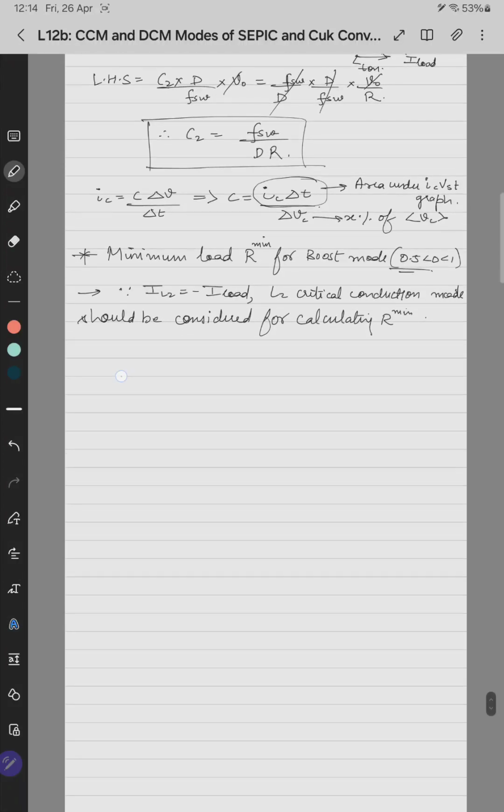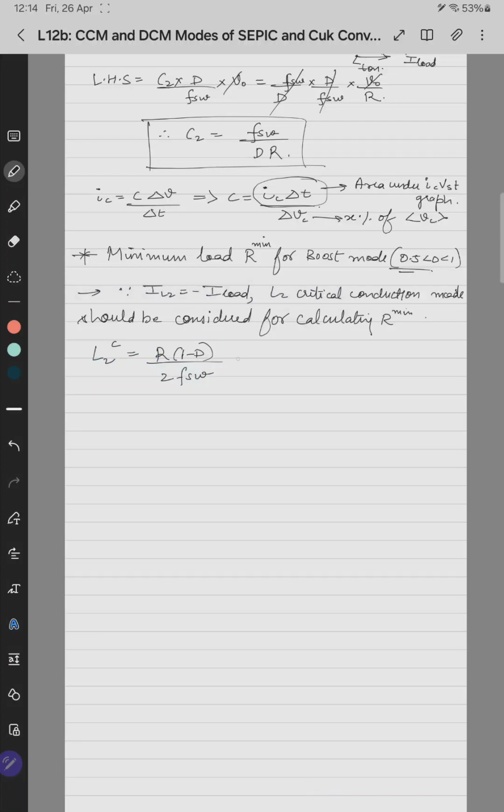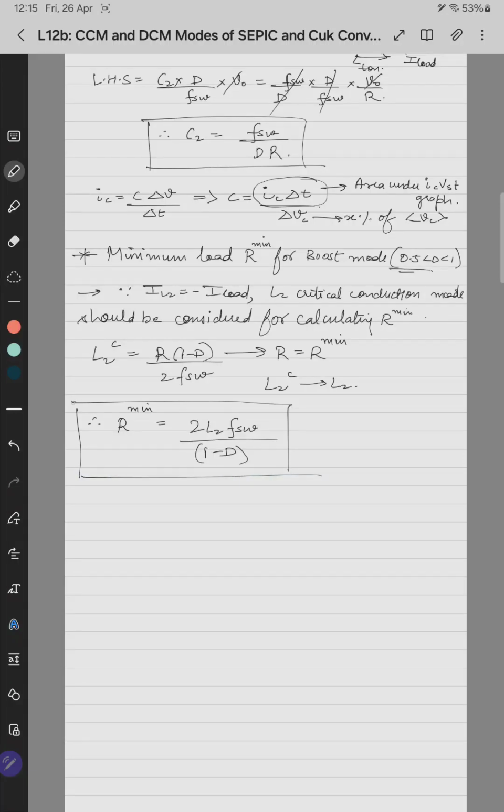That is, we have to do this. So here R equals to R minimum and L2C equals to L2. Therefore, what is R minimum? R minimum is 2L2 F switching by 1 minus D. So this is how we calculate the minimum load on the SEPIC converter if it operates in the boost mode.